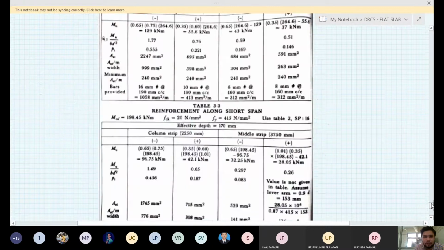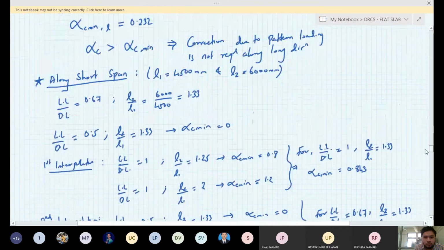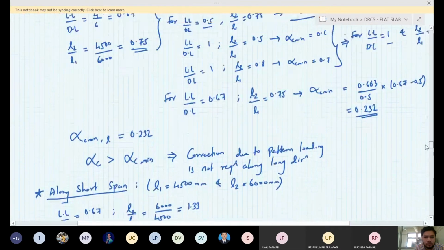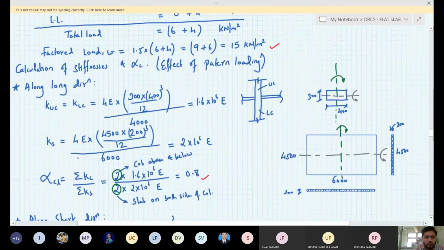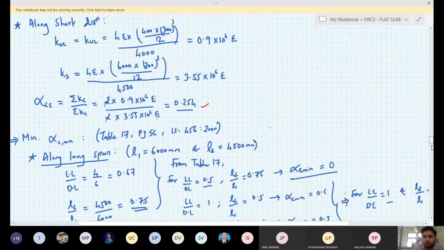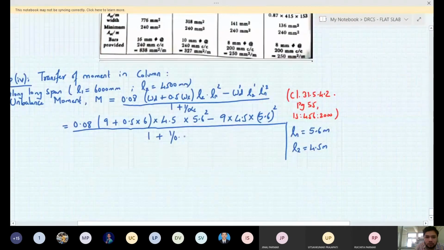The value of alpha c along the long direction is 0.8. Okay, so divided by 0.8. So how much is this value?